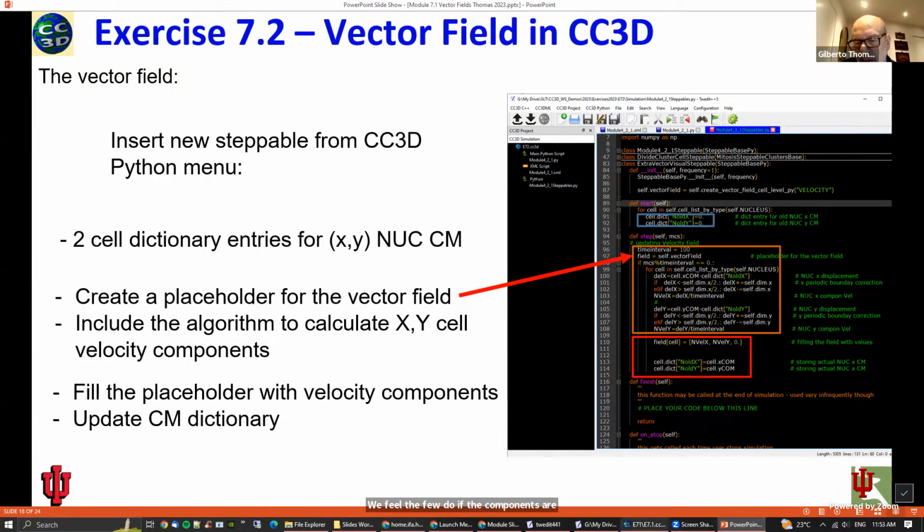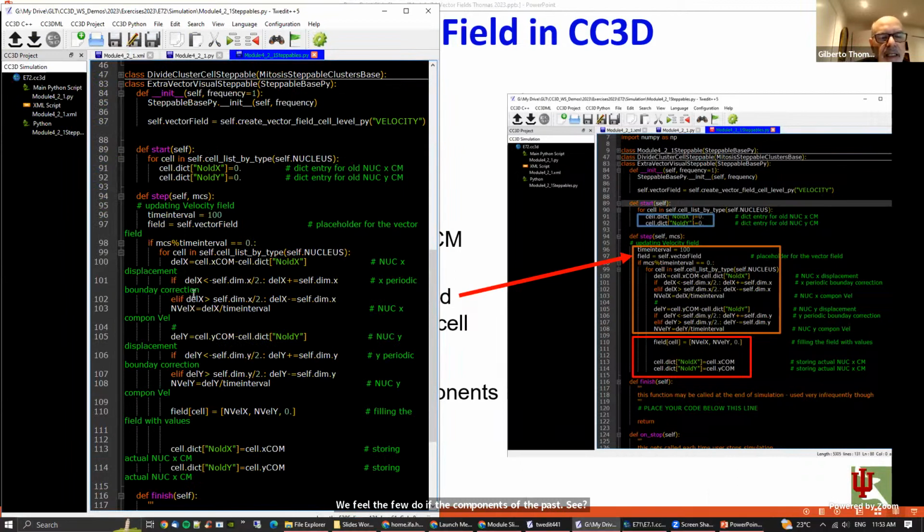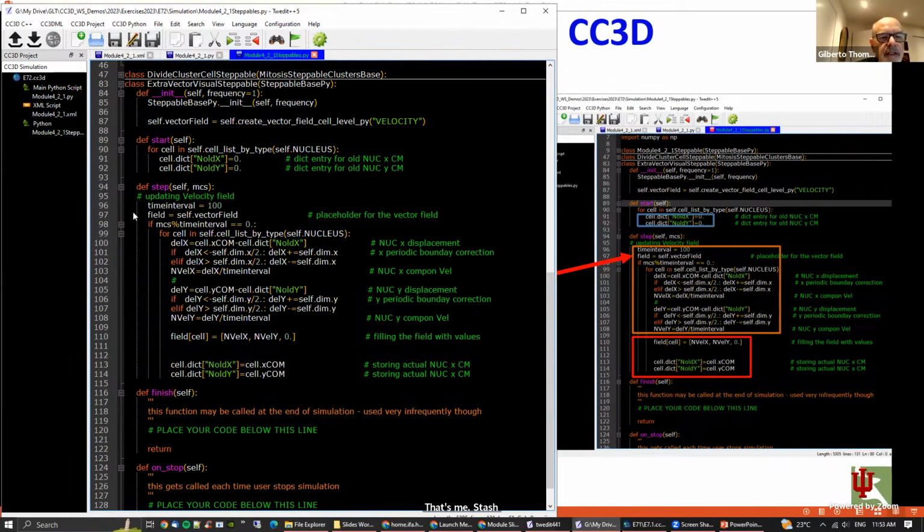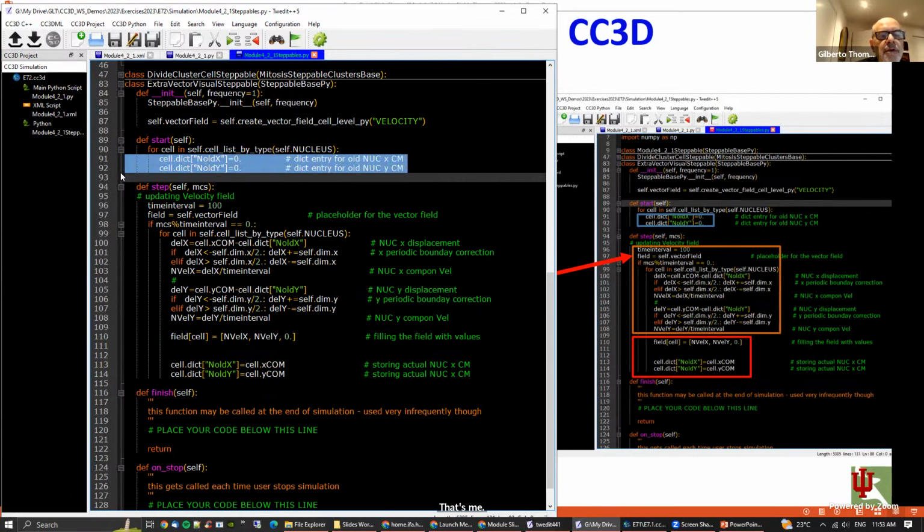Let's see it in the code, I think it's better. Let me stretch this one. Here are the two lines to store a previous position for the center of mass.